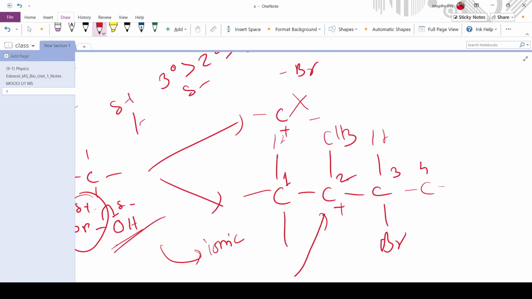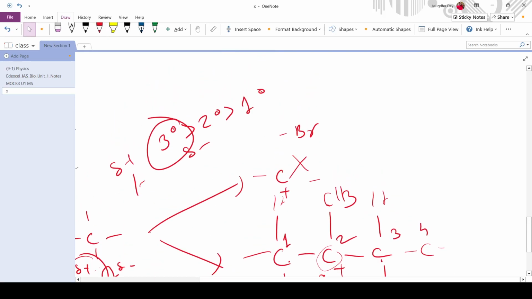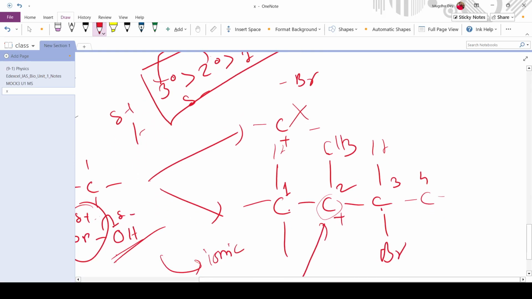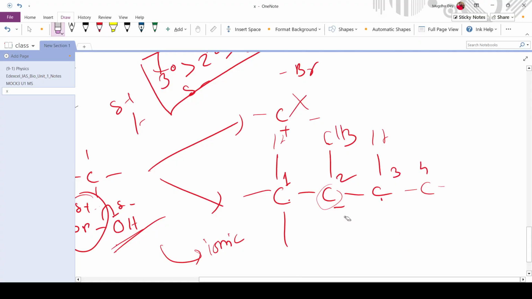No, no, no, no. This is not a secondary carbocation. This is where you guys are making a mistake. I think you can clearly see here, this carbon has one, two, three carbons attached to it. This is not a secondary carbocation. This is a third degree carbocation. Did you get it? And remember one thing, this is very important: the third degree carbocation is more stable than second degree.